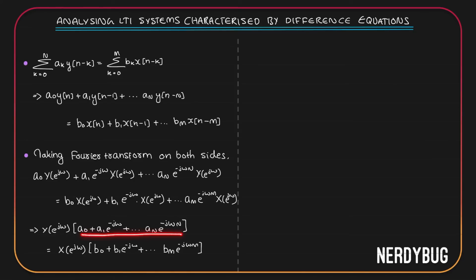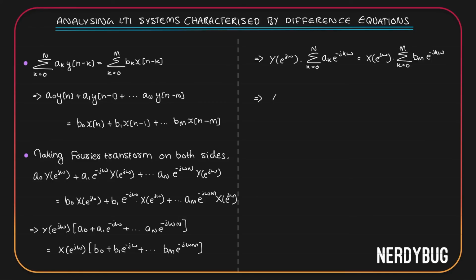Now what we have over here and what we have over here can be written as summations. If we do that, it becomes Y of e raised to j omega multiplied by summation from k equals 0 to N aK e raised to minus j k omega. This is equal to X of e raised to j omega multiplied by summation from k equals 0 to M, because there are M terms, bK e raised to minus j k omega.